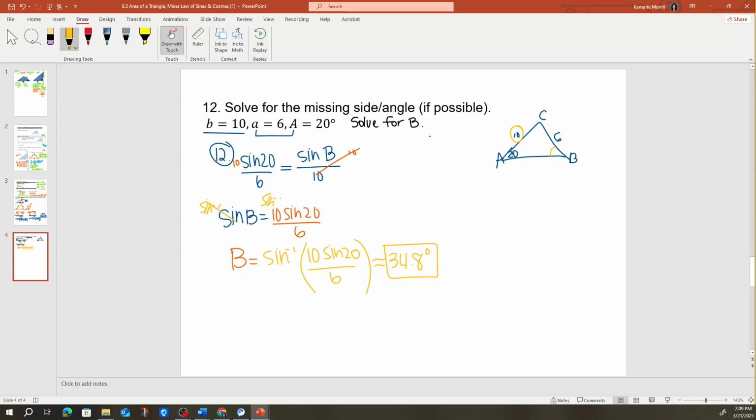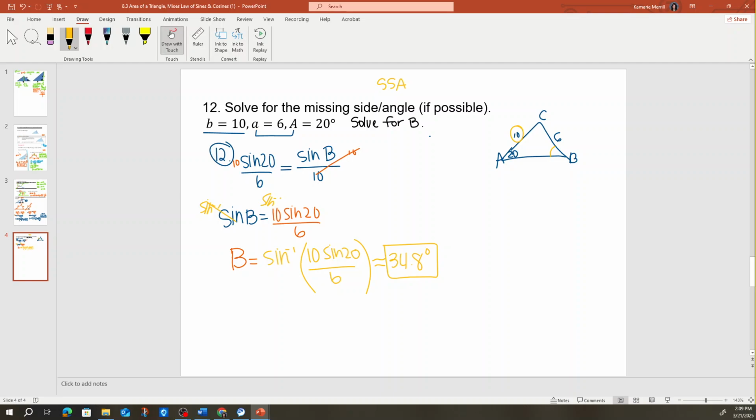What's tricky is we are forced to solve for this, but it is across from the biggest leg. So you have to be careful. When I'm given a side-side-angle scenario, we have to be careful because this could be the situation where I actually have two triangles.